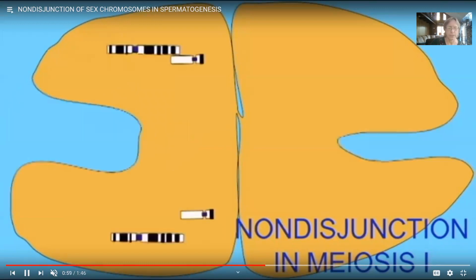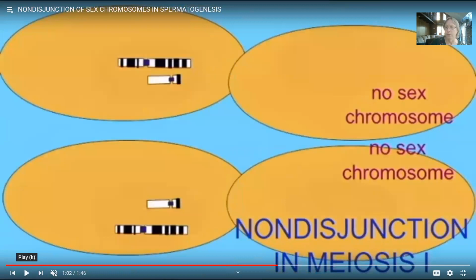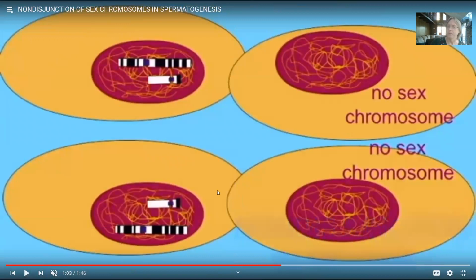So if non-disjunction occurs in meiosis 1, all of the gametes from that round of cell division are abnormal. Half have no sex chromosome, half have an extra.